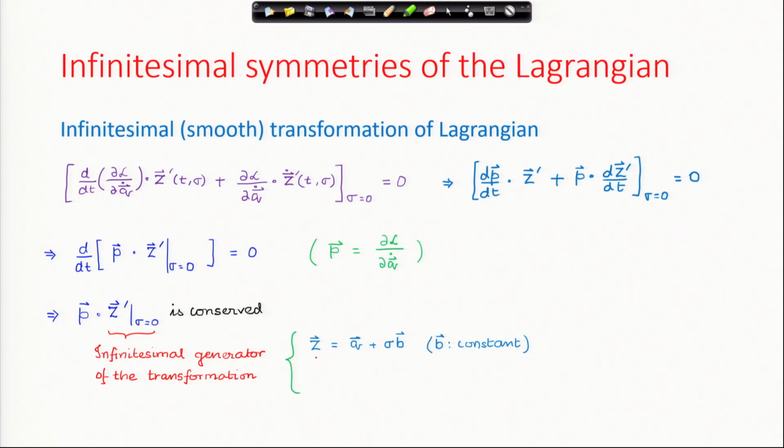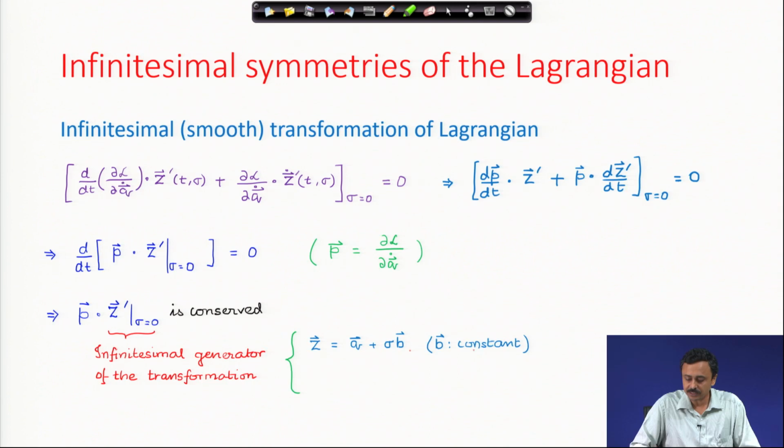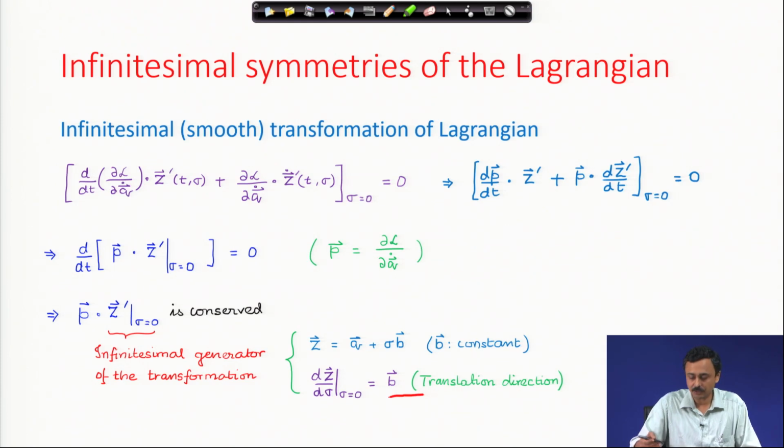We just have to find del z del sigma at sigma equal to 0, and that is nothing but b. So, here del z del sigma at sigma equal to 0 is nothing but b, and therefore, b is a translation direction. The generator is just a constant translation of our coordinates.